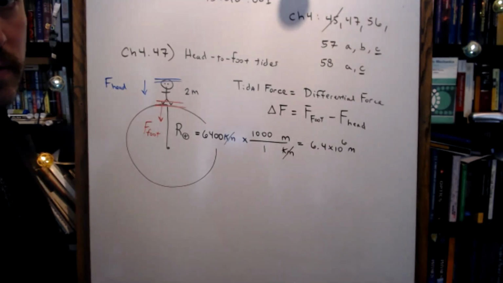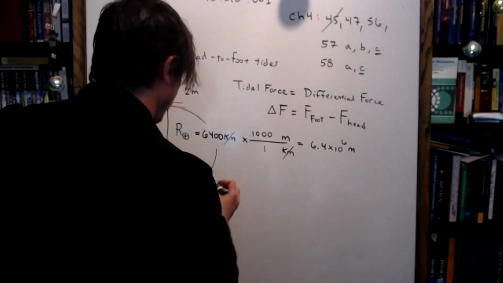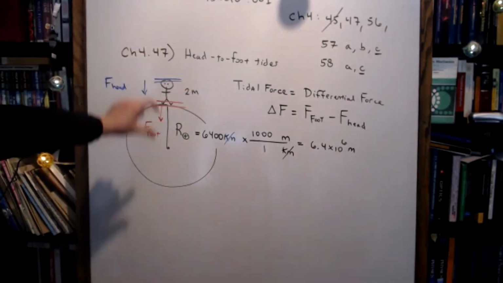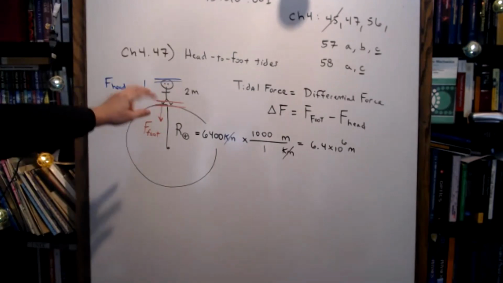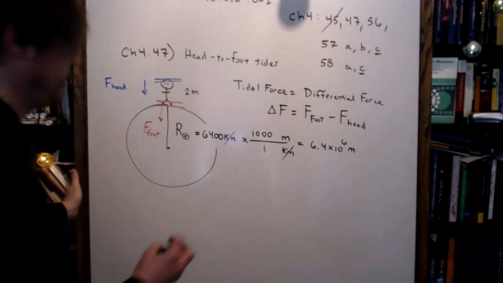Because it's so minuscule. That's right. The person's height is millions of times smaller than the radius of Earth. So the variation in force will also be very tiny.